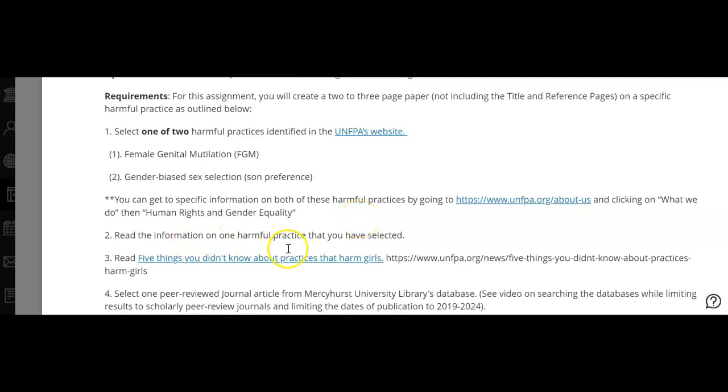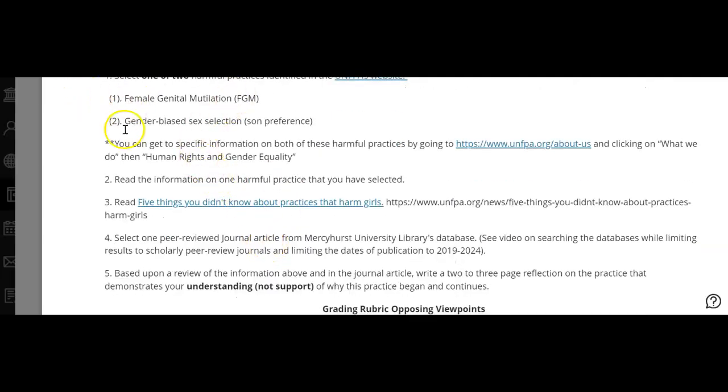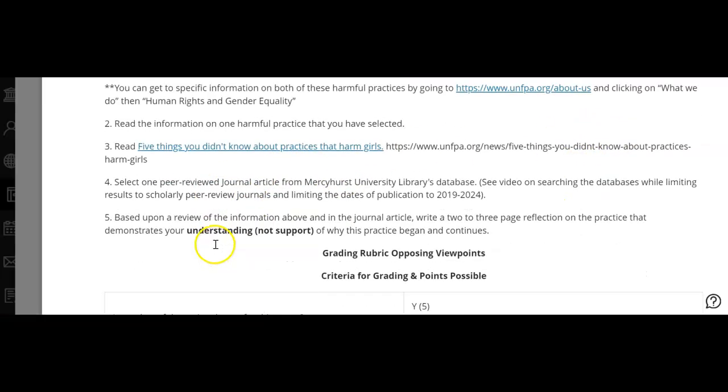Read the information on one of the harmful practices that you've selected, either 1 or 2. Then read 5 things you didn't know about practices that harm girls. And you can click on here to get to the link. It's also here if you want to cut and paste. Then I'm asking that you get 1 peer-reviewed journal article from Mercyhurst University's library database.